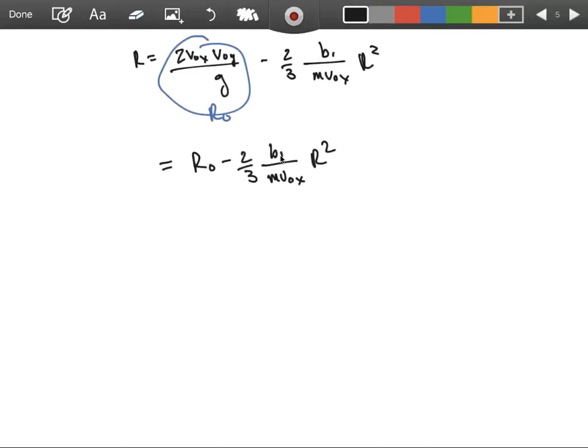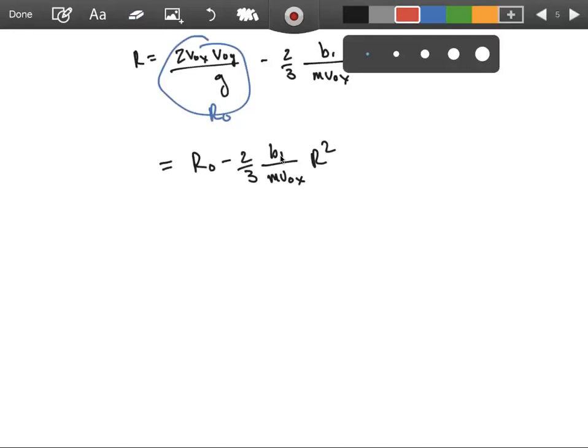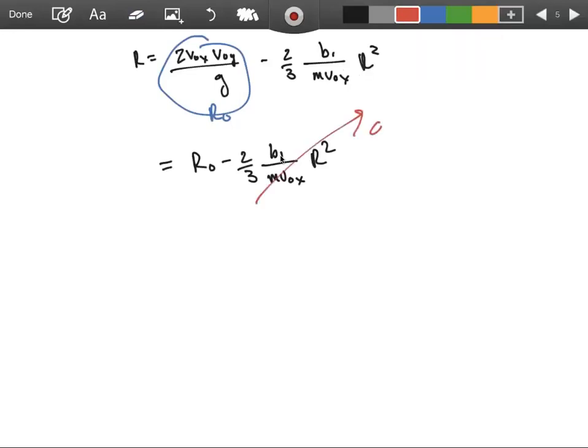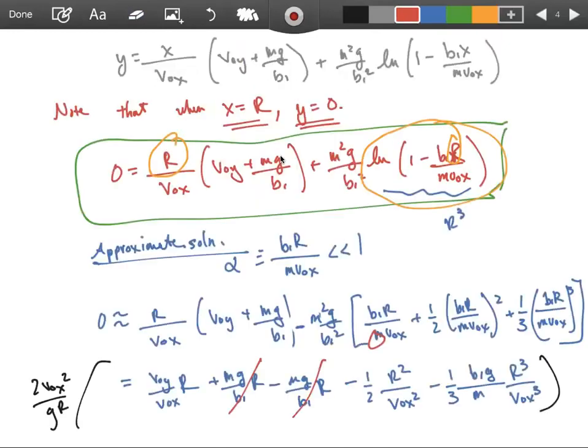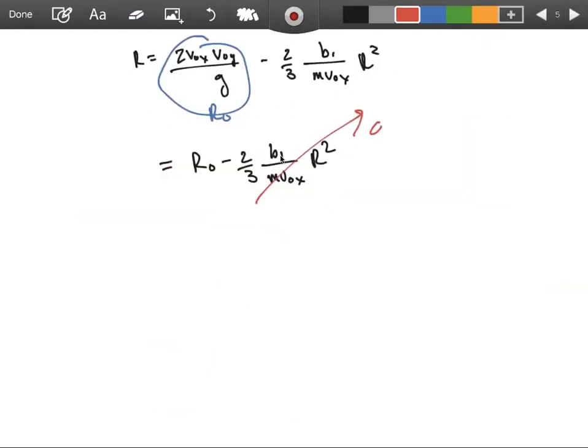So basically, comparing this thing, we can see that the range of this will be shorter because R would only be equal to R0 if this term was equal to 0. But also, remember what our small parameter is. That's B1R divided by MB0X. So this is a B1R divided by MR0X, which means that this is actually a very, very small term.